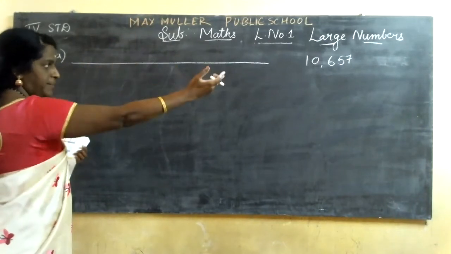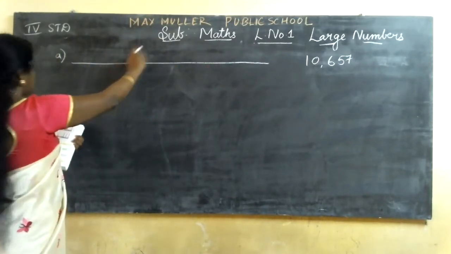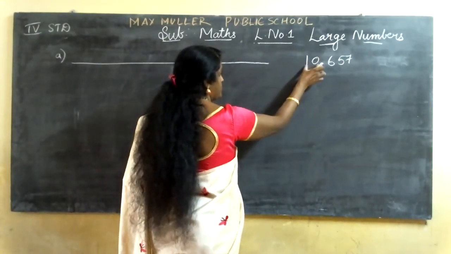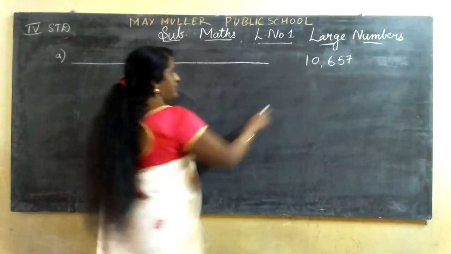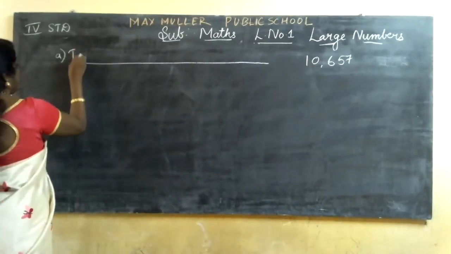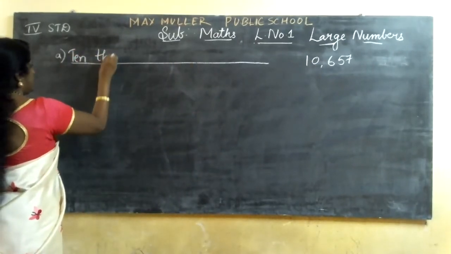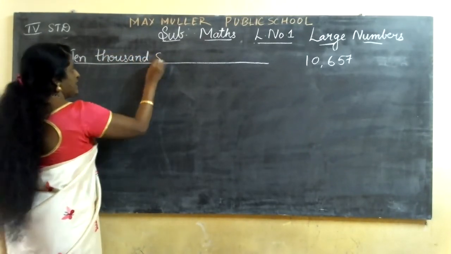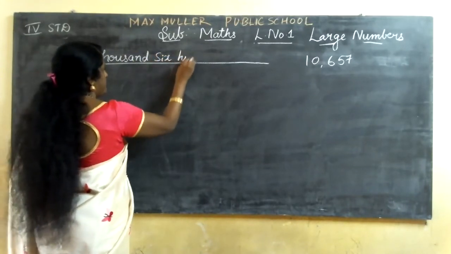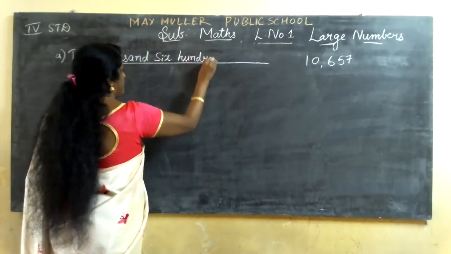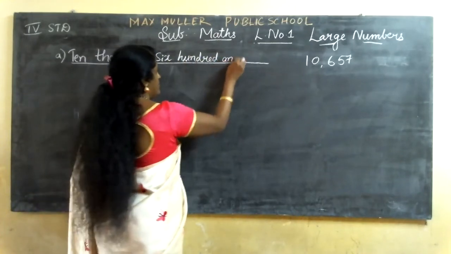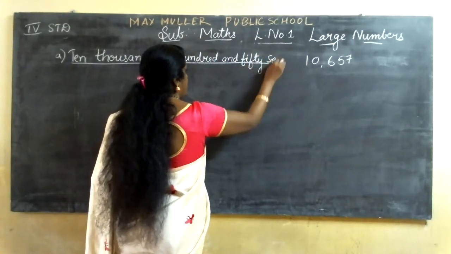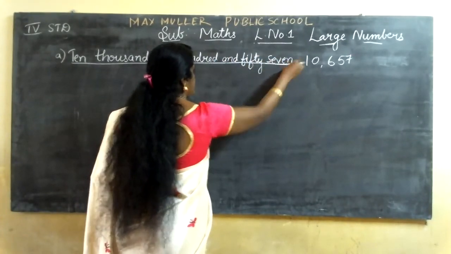If they have given the number, you should write the number names. So there ones, tens, hundreds, thousands, 10,000. So in 10,000 plus 10 only it is there. So I'll write 10,000, 600 and 57. You should write like that only.